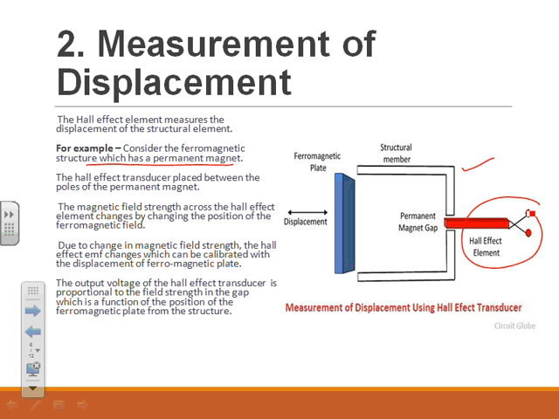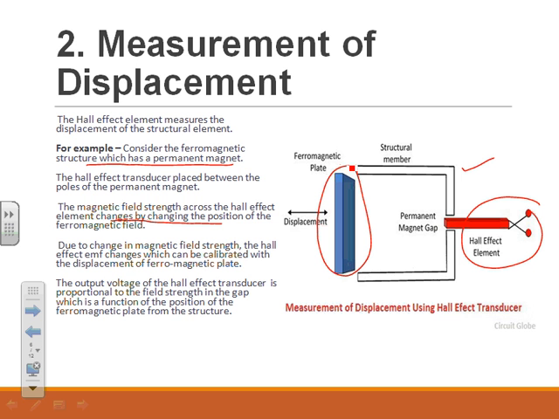The magnetic field strength across the Hall effect element changes by changing the position of the ferromagnetic plate, so we can find the field strength across the Hall effect element.